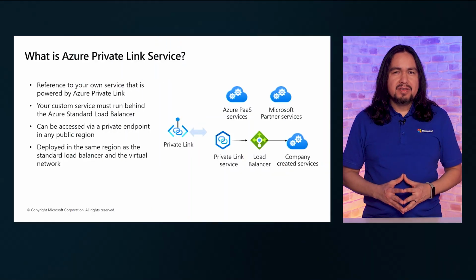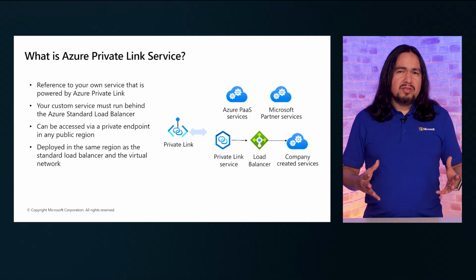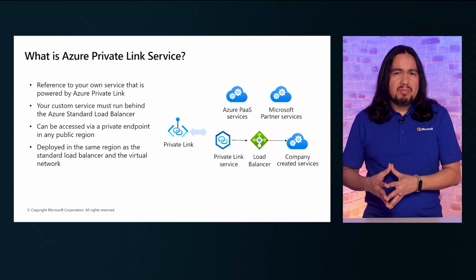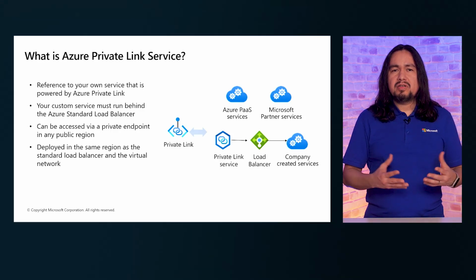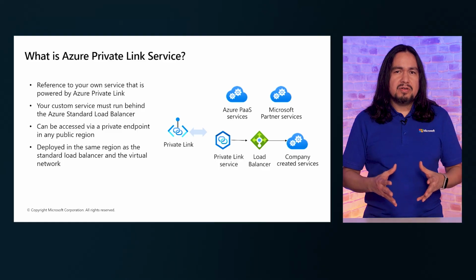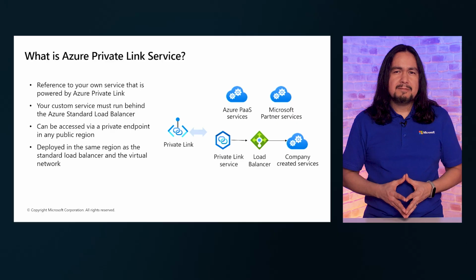Azure Private Link service is the reference to your own service that is powered by Azure Private Link. So the idea is that your service that is running behind an Azure standard load balancer can be enabled for this so that your consumers can access it privately from their own VNets.